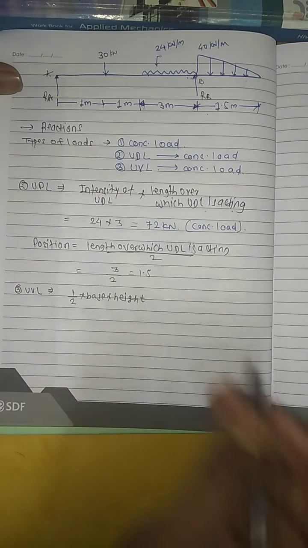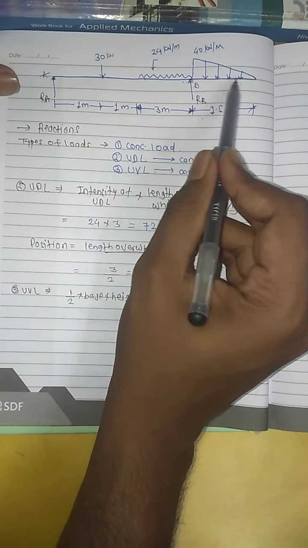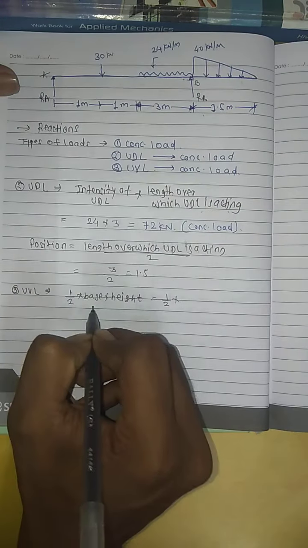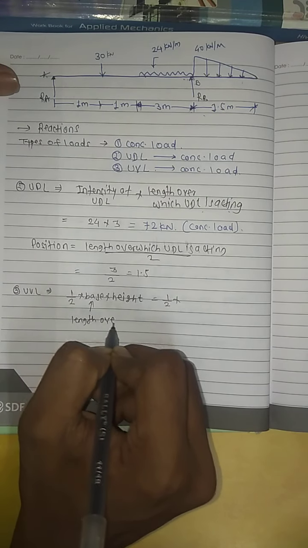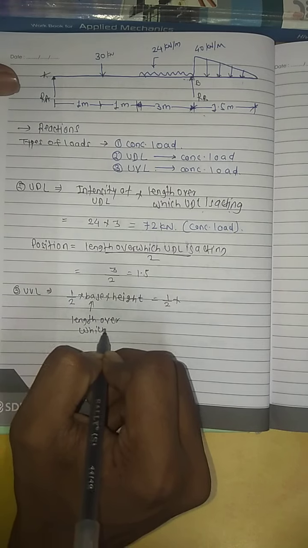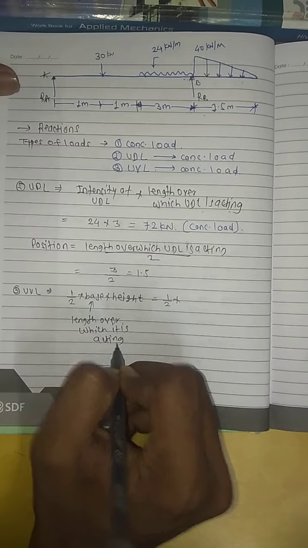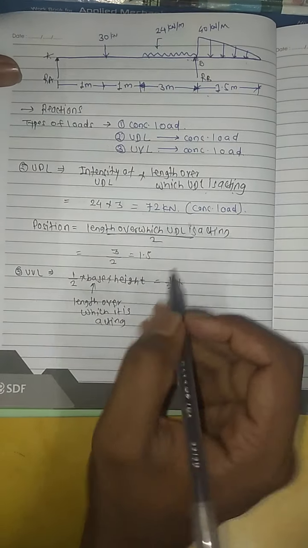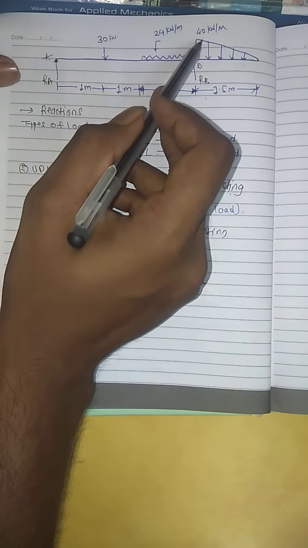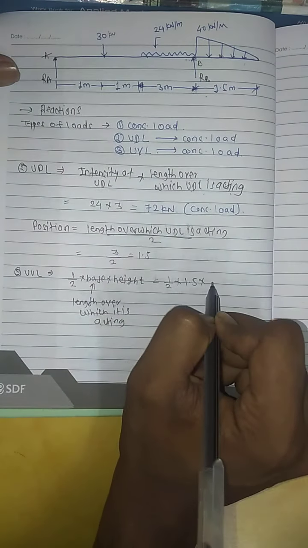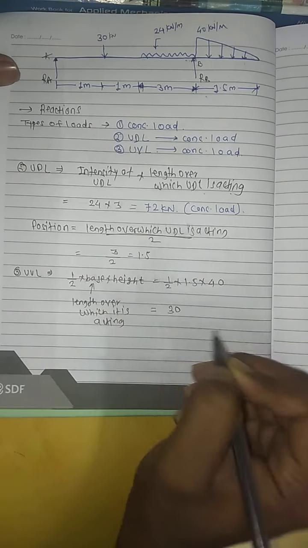It is the formula of the triangle. 1/2, here base is the length over which it is acting. So the length is 1.5, multiplied by height. Height means this maximum intensity which is given as 40. So this will become 30.